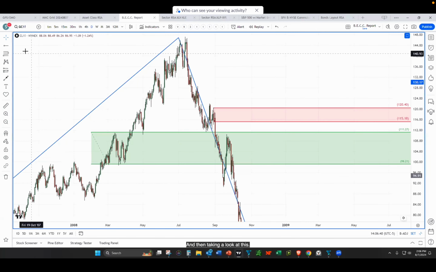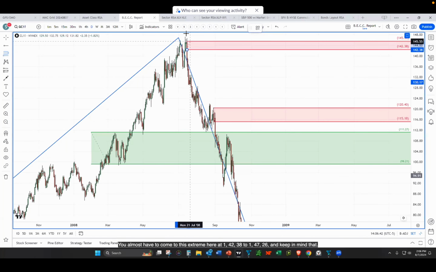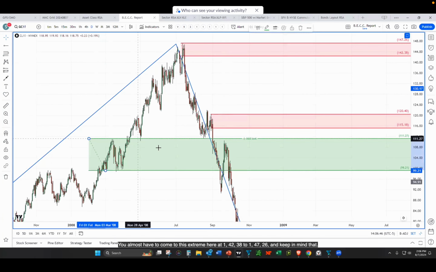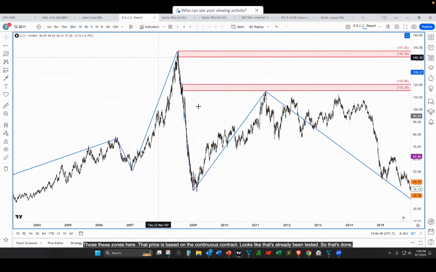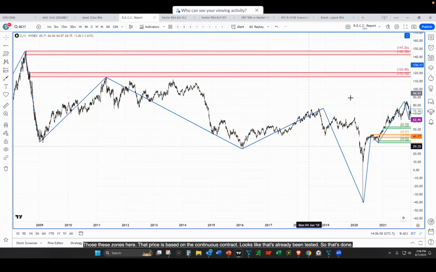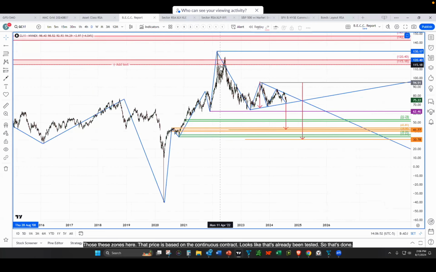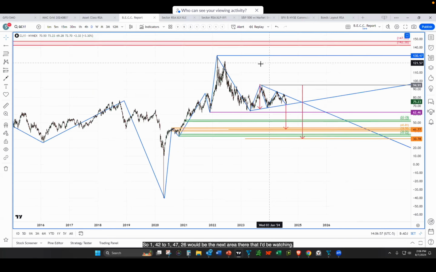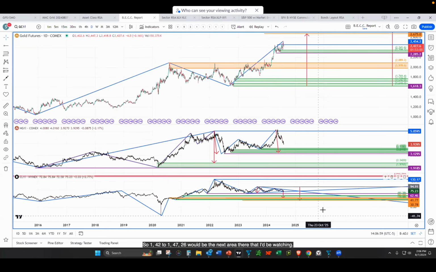And then taking a look at this, you almost have to come to this extreme here at 142.38 to 147.26. And keep in mind that these zones here, that price is based on the continuous contract. It looks like that's already been tested, so that's done. So 142 to 147.26 would be the next area there that I'd be watching.